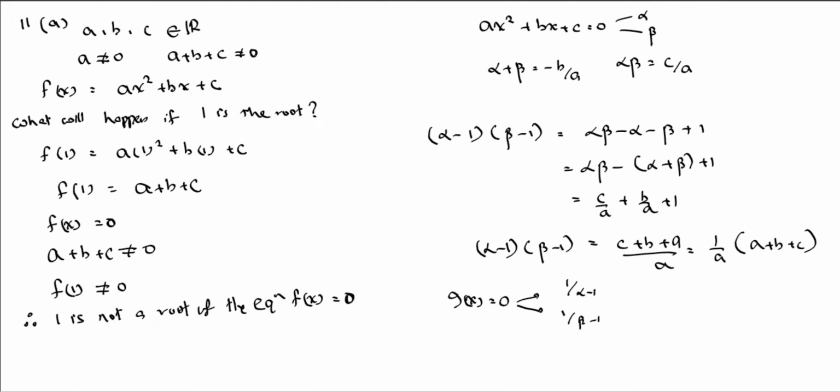They are asking us to prove that g(x) is something, they are giving you g(x) also. Okay, so the roots of the new equation are 1 over alpha minus 1 and 1 over beta minus 1.